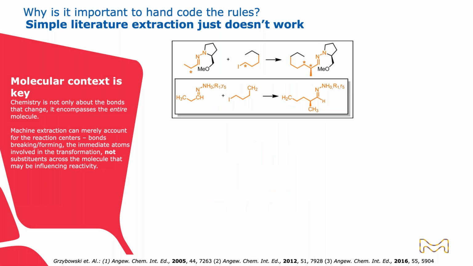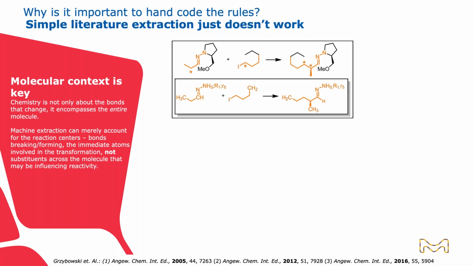And so to explain what I mean by that a little bit more, I have an example here of a stereoselective alkylation reaction. And the reaction on top would be an example of that literature record. And what's on the bottom would be the rule generated using machine extraction from this literature record.